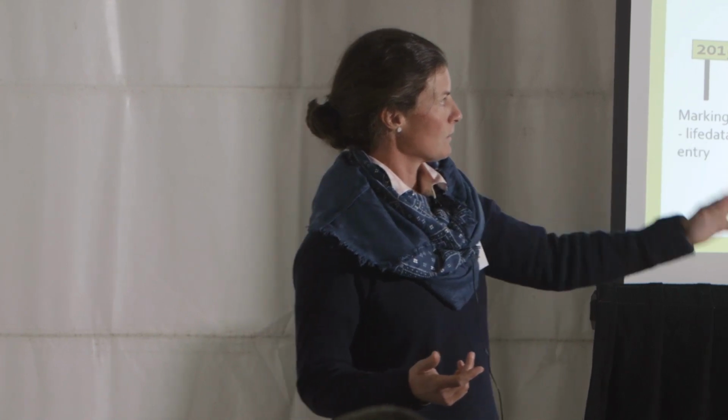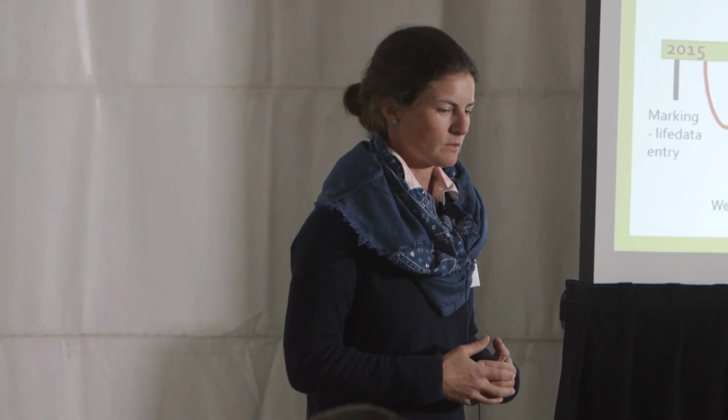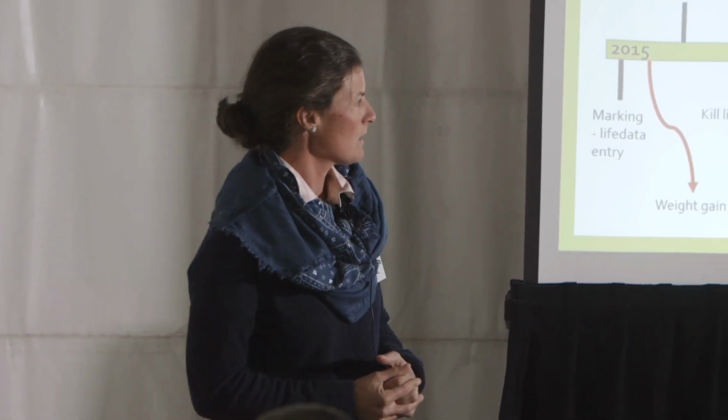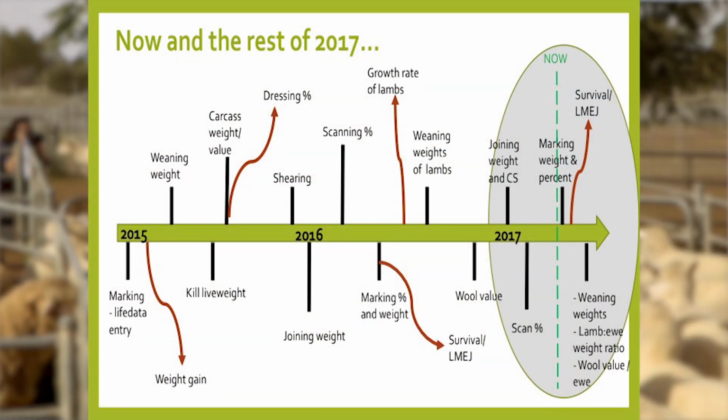What we'll do down the track is get another marking weight, because they're all joined to the same sire breed, and a percentage, and then I'll look at matching those ewes and lambs, getting a ewe to lamb weight ratio. So if they're enormous, they better have an enormous lamb to make me put up with them.